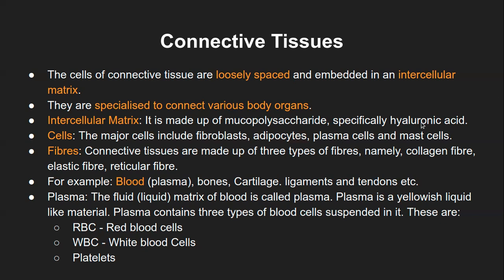Any question before we go on to the next examples? Yes, Isha. But then plasma is a fluid and cartilage is a semi-solid, bones are solids. So connective tissues are really different from each other.